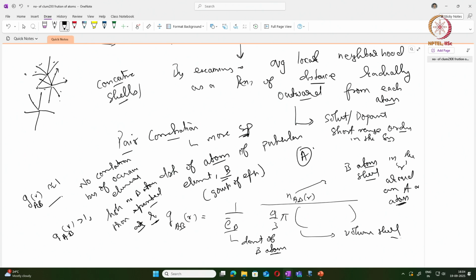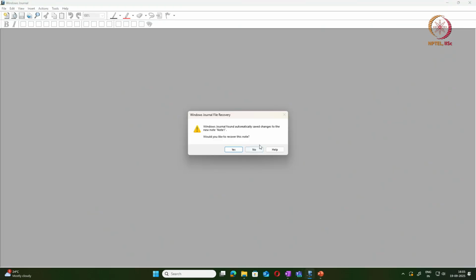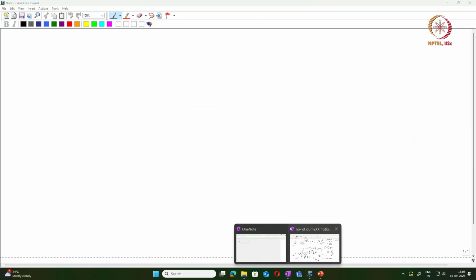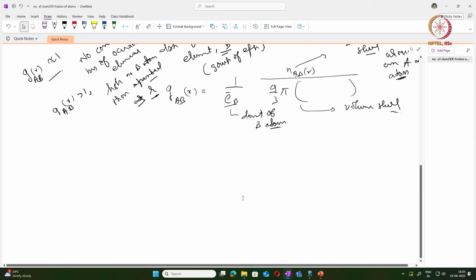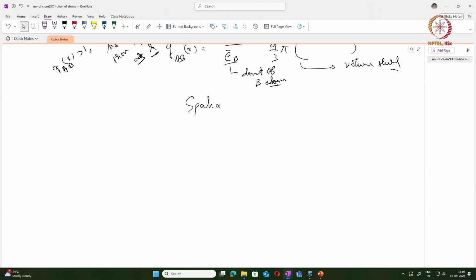So with this introduction to the radial distribution map, this is one dimensional, correct? We are talking about one dimension. Now similarly to the radial distribution maps, we have spatial distribution maps.